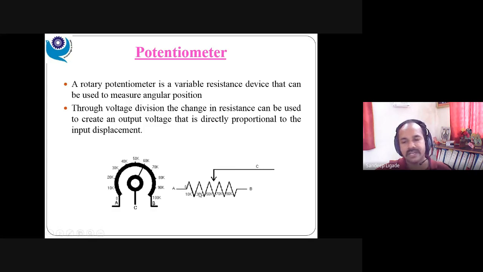So when we connect such components in a circuitry, we need to short A and C in this fashion, or else C and B, or C and A, in this way, right? So it becomes two terminals. When we short A and C, it acts as one terminal, and B is another terminal. Similarly, for this one, this wiper, or center point, C is connected to B, or this C is connected to A.